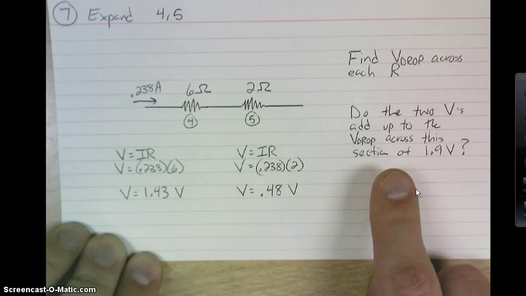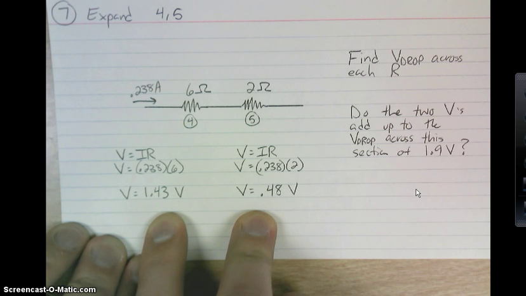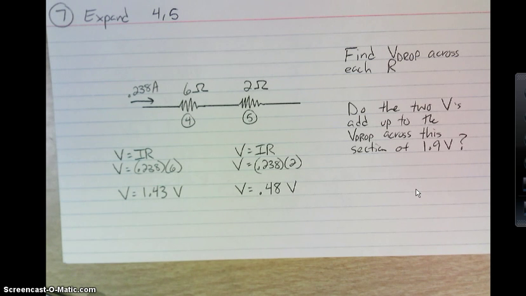And as long as those two voltages add up to the total voltage drop that was supposed to be across it, which was 1.9 volts, then you did it right. 1.43 and 0.48 we get not quite right on, but again, there's some rounding issues there. Make sense so far?